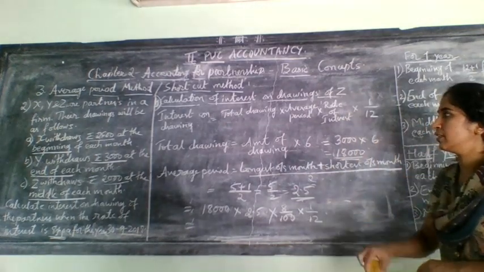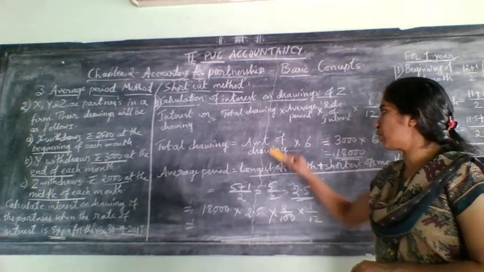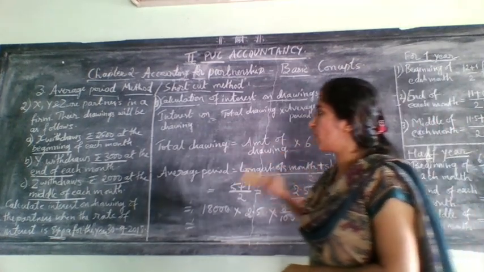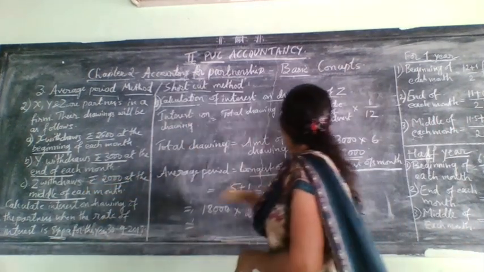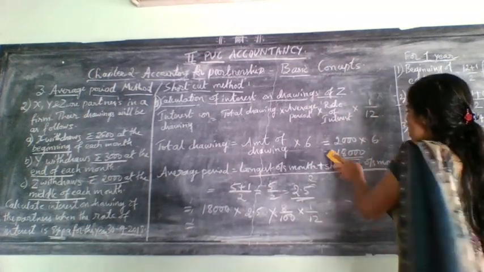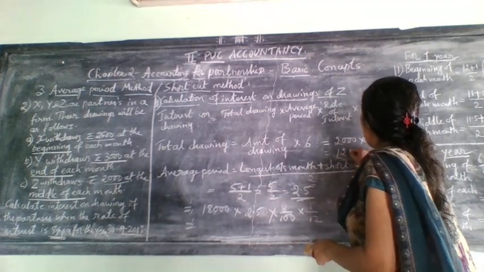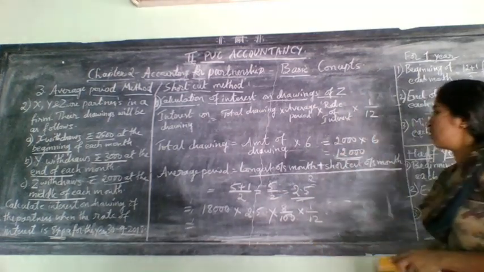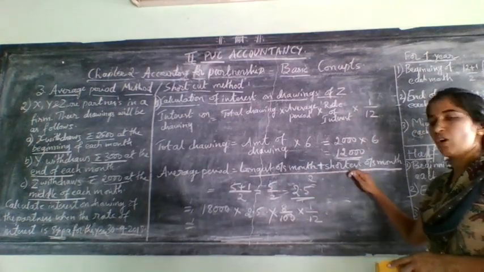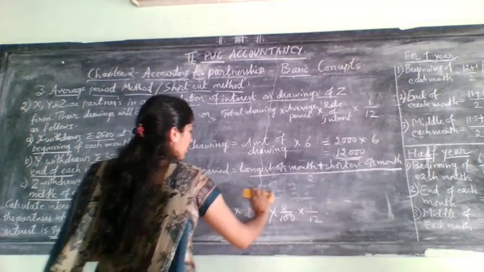So now Z. First you need to find the total drawing, which means amount of drawing into 6. Amount of drawing for Z is not 3,000 now, for him it is 2,000. So it will come to 12,000. Then longest outstanding month plus shortest outstanding month; check in the table, this is for half year.